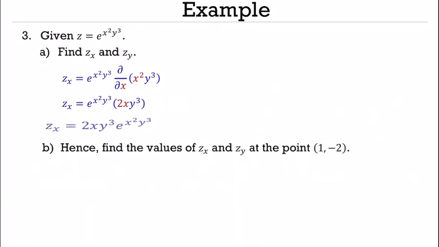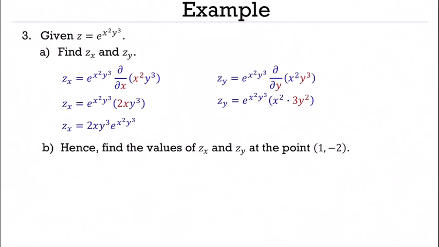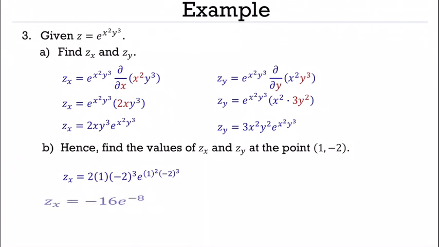Now state the answer like this. The same method applies to z sub y, but this time we differentiate with respect to y. And the answer is this. Now we can substitute (1, -2) into the partial derivative with respect to x and with respect to y.